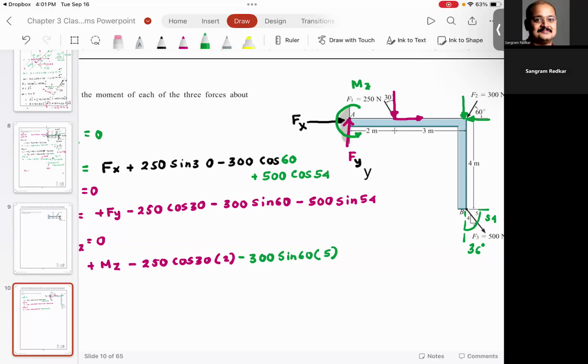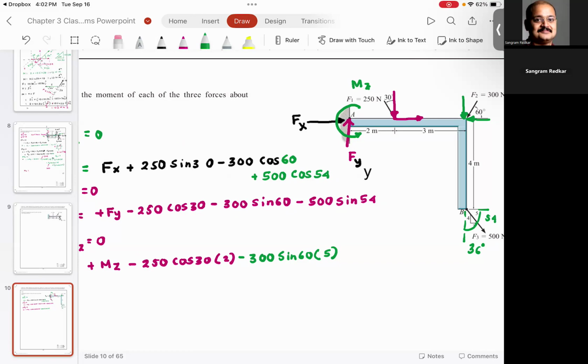So in this problem, just tell me, can you see that the horizontal component of this force F3 is going to give you a moment? Vertical component of force F3 is going to give you a moment.